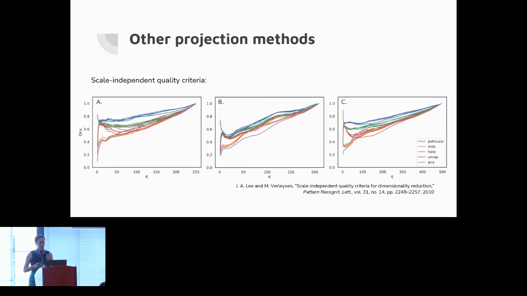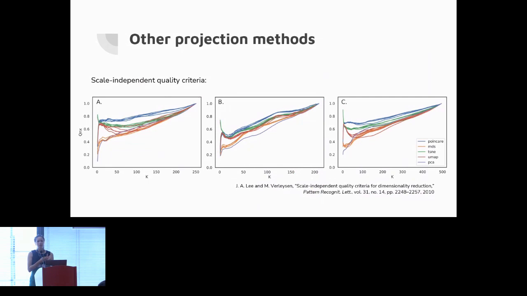And if you try to quantify the quality of our embedding, Poincaré also performs better than others. Here we have used the scale-independent quality criteria. Basically, for each K, it will tell you at which point we reproduce correctly the K neighborhood.